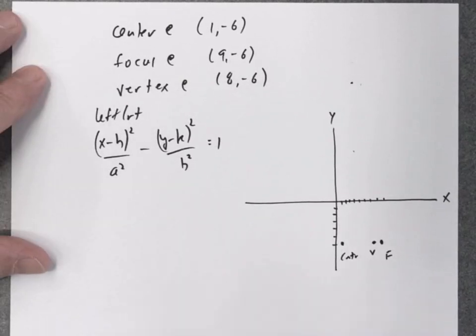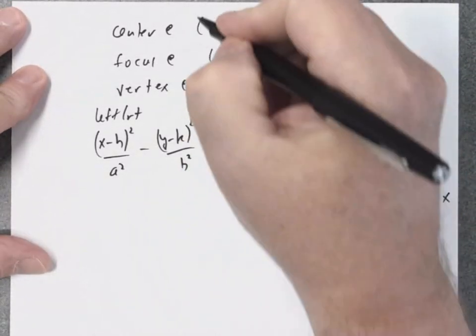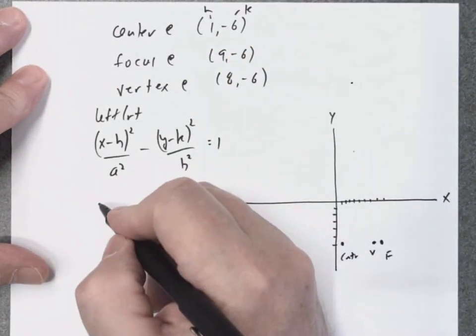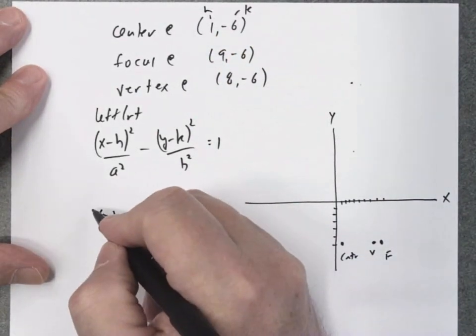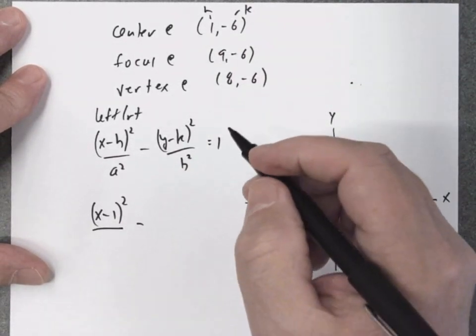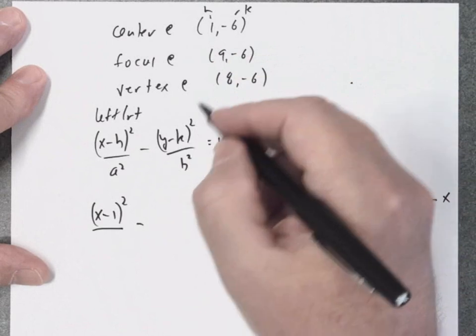Now we know h is 1, k is -6. So (x minus 1) squared minus (y plus 6) squared.